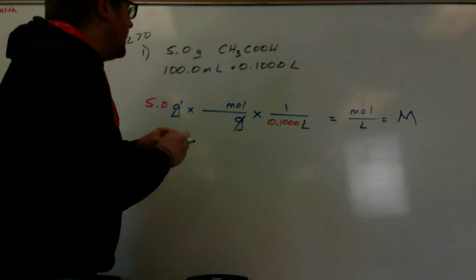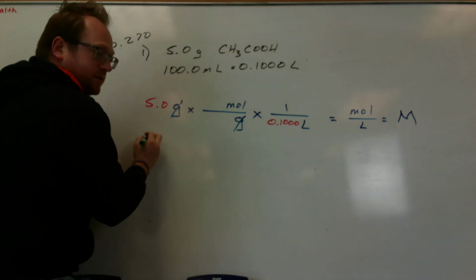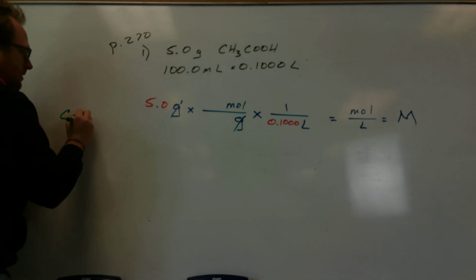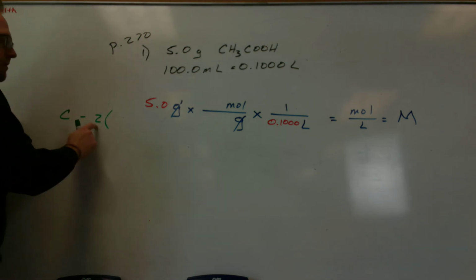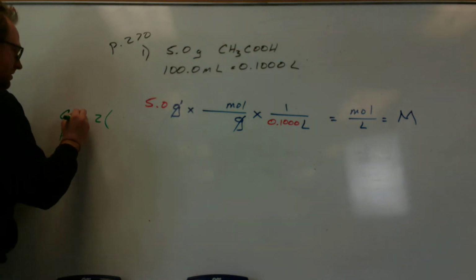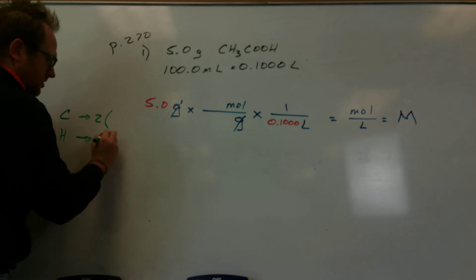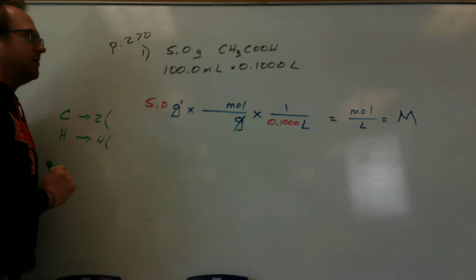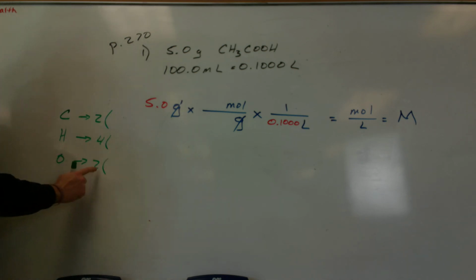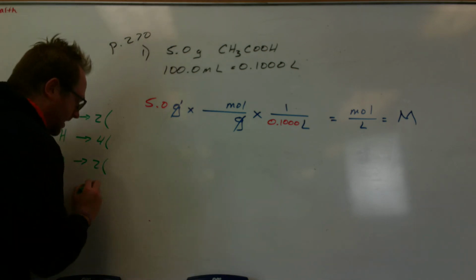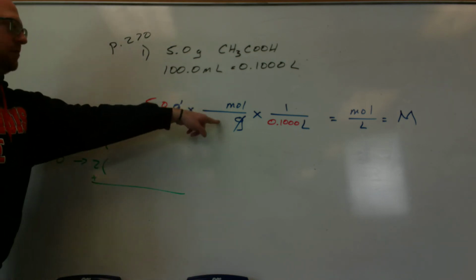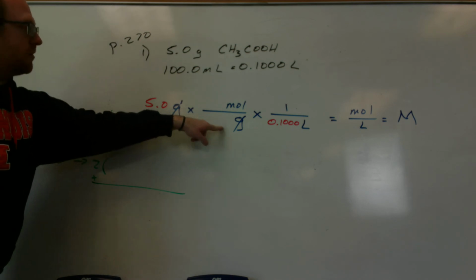I can see that I have 2 carbons, so whatever the mass of carbon is, I'm going to multiply it by 2. I have 4 hydrogens, so whatever the mass of hydrogen is, I'm going to multiply it by 4. And I have 2 oxygens, so whatever the mass of oxygen is, I'm going to multiply it by 2. Then I'm going to add it all up, and that's the mass I'm going to put here with my grams.